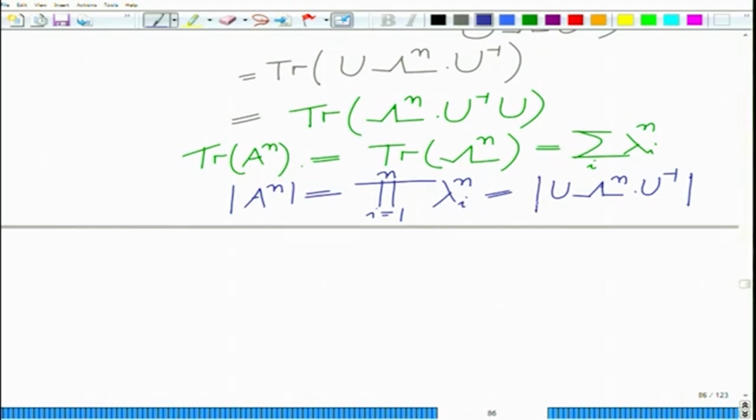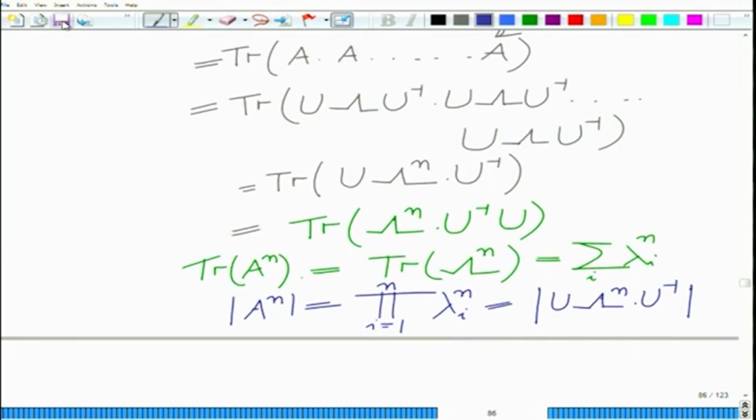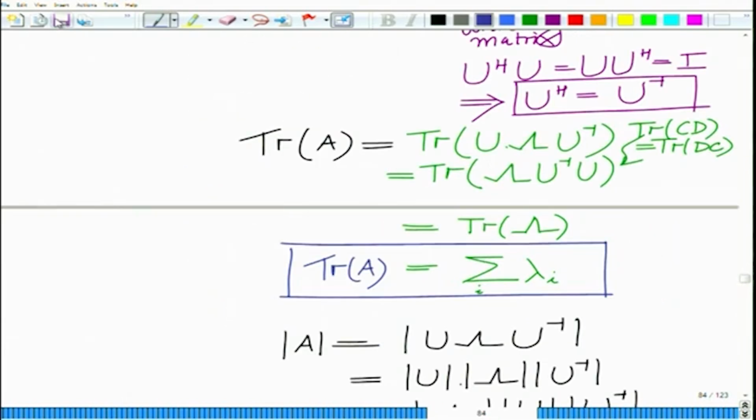Okay. So, these are some very interesting properties that come in handy frequently during manipulation, that is, the trace of a square matrix A is the sum of its eigenvalues, and the determinant of a square matrix A is the product of its eigenvalues.